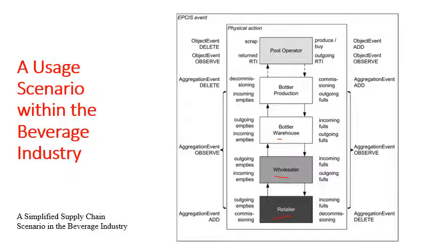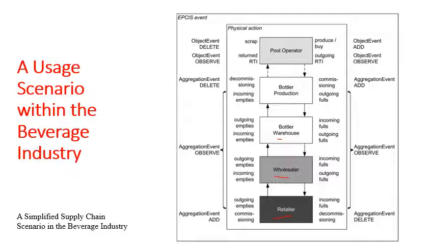The pool operator collects from the scrap and the procedure, with outgoing RTA, the return transport articles information. In bottler production, decommissioning and incoming empties are conducted. In the bottler warehouse, the outgoing empties and incoming empties are recorded. The wholesalers record outgoing empties and incoming empties. At the retailer, outgoing empties and commissioning are made.